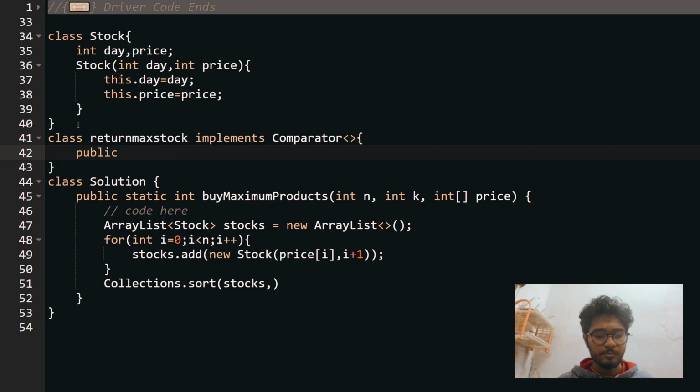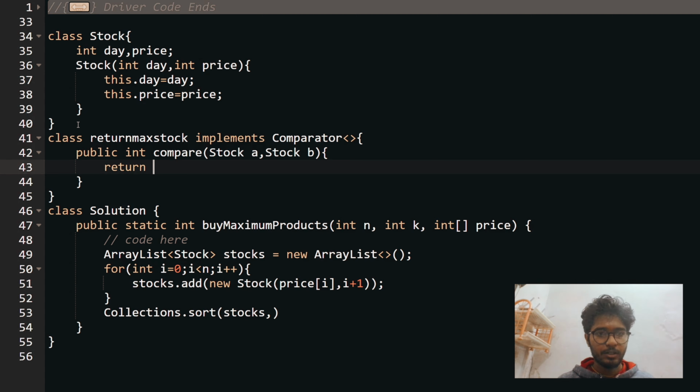Now we will create our custom method, public int compare, which takes two arguments, Stock a and let's say Stock b, and we will return the comparison between the two arguments, that is return Integer.compare(a.price, b.price).